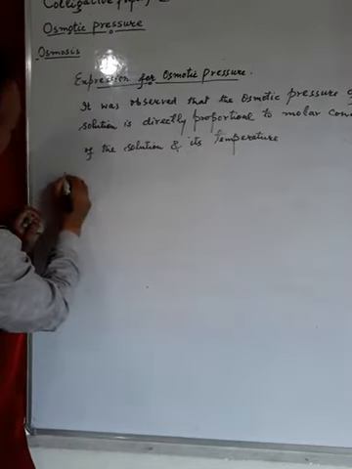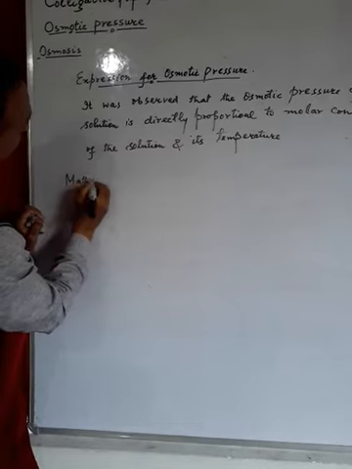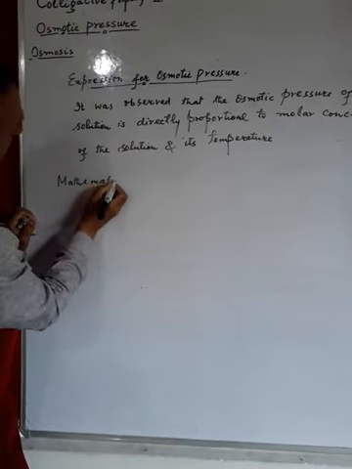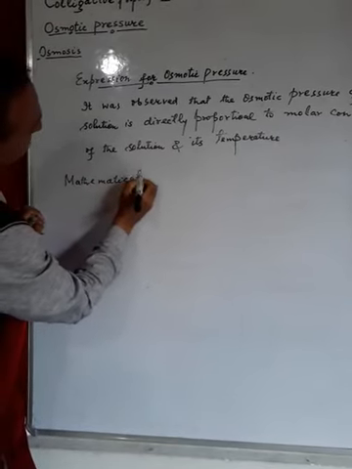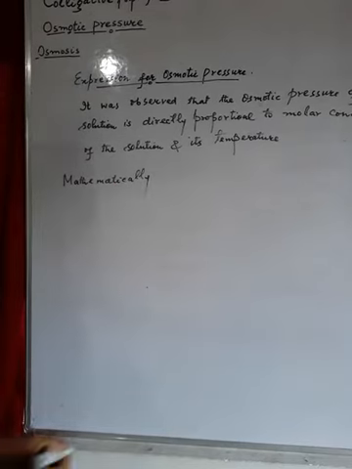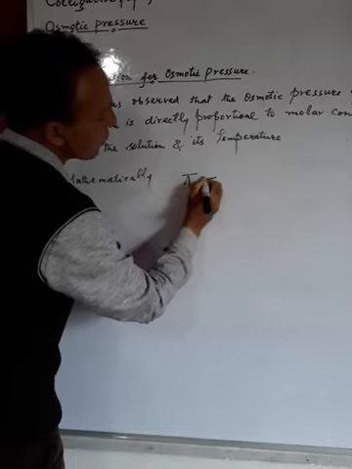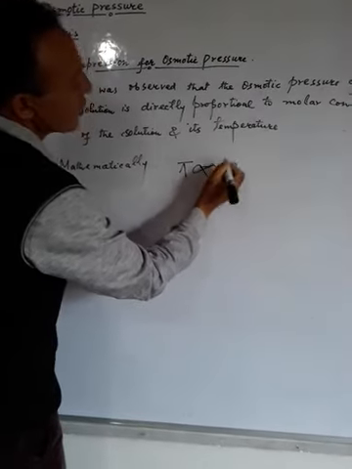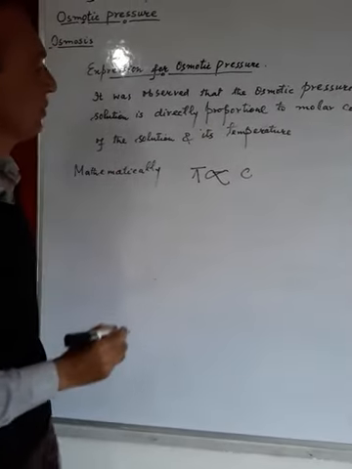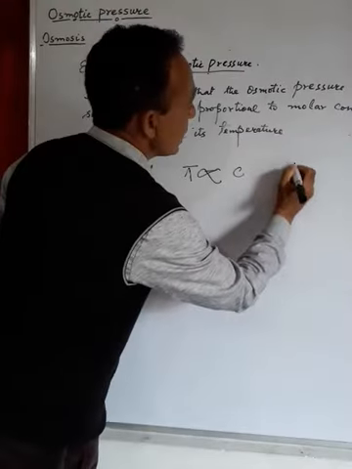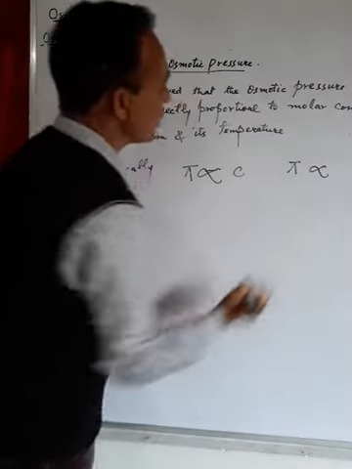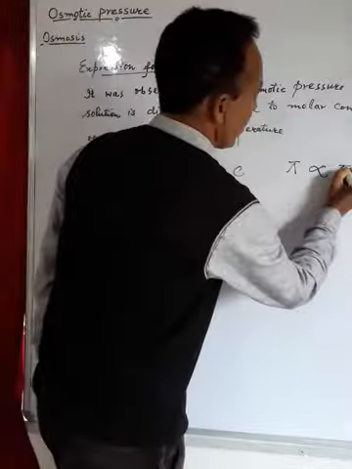So mathematically we can write osmotic pressure, which is denoted by pi, is proportional to C, which is the molar concentration, and it is directly proportional to the temperature.